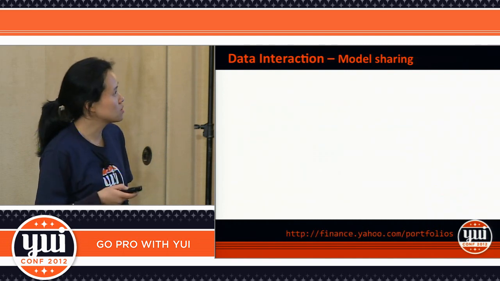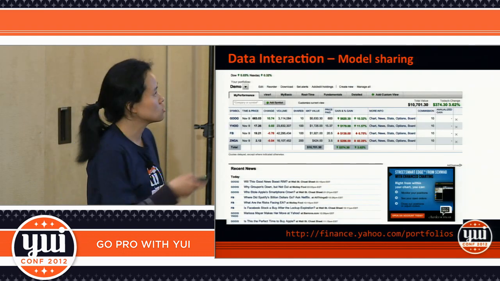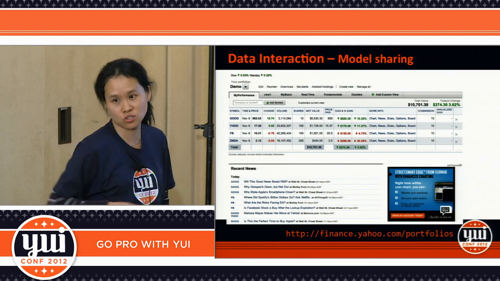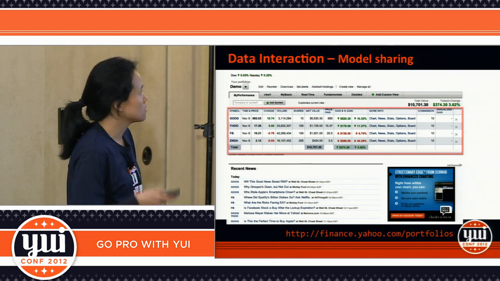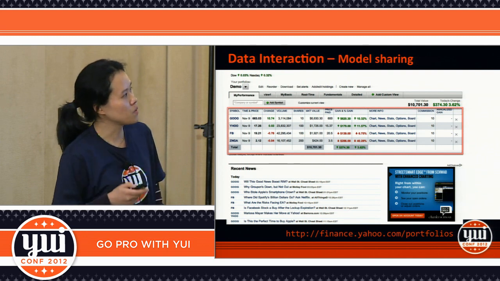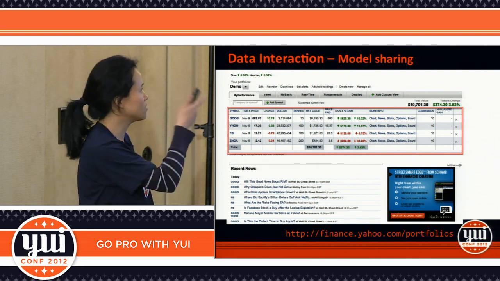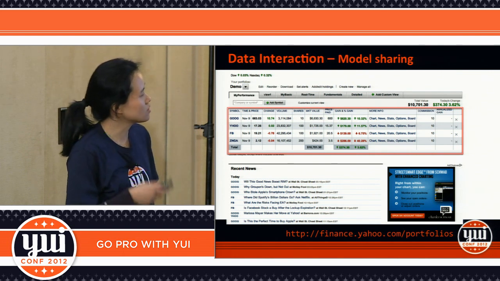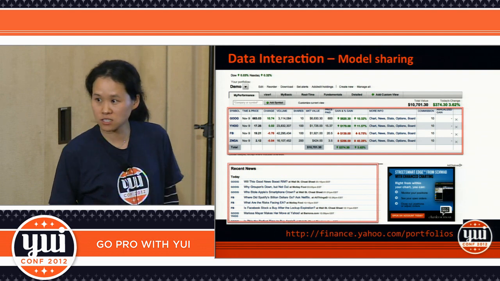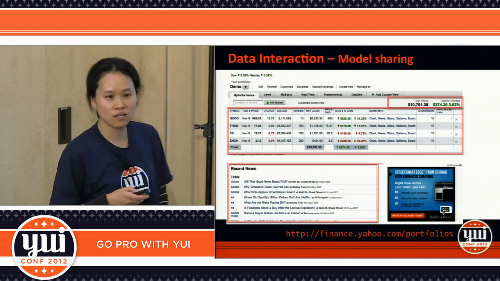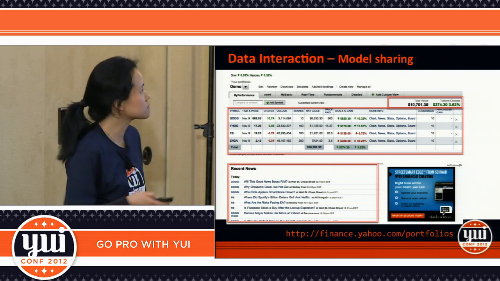Another example, a little bit more complex, is on the finance portfolio side. You will see a page like this, basically showing you one of your portfolios. The center of this page is the table of all the entries in your portfolio. I have all these 4 companies in there. Similarly, I have recent news for all these tickers. And then you have a total value for your portfolio, because I want to know how much the total is.